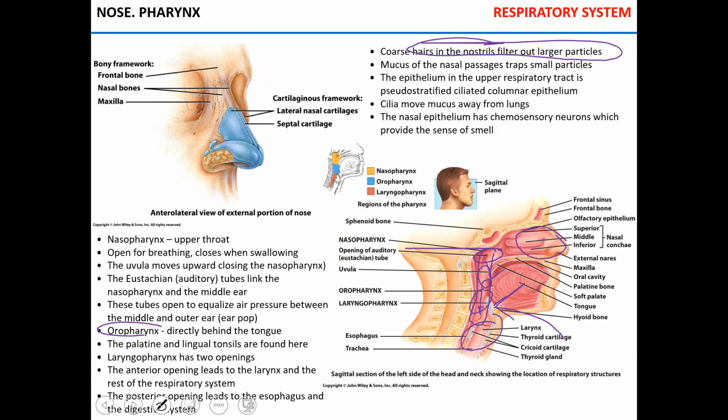Auditory tubes connect the oropharynx and nasopharynx with the middle ear, and they allow us to equalize the pressure in the middle ear and in the environment.